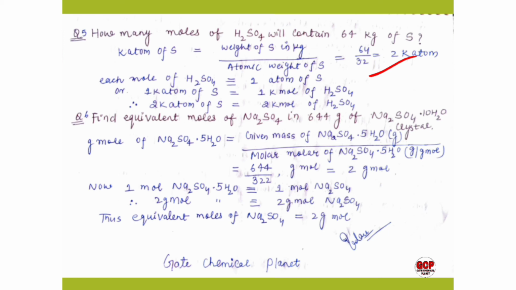Now we will move on to question number 6. Find the equivalent moles of Na2SO4 in 644 grams of Na2SO4 5H2O crystal. Here the moles of Na2SO4 5H2O is equal to the given mass of the crystal divided by the molar mass of the crystal.